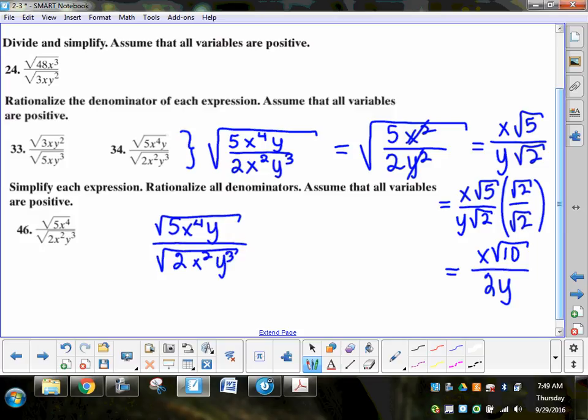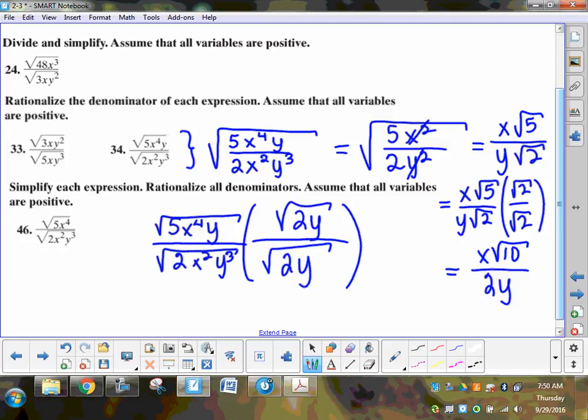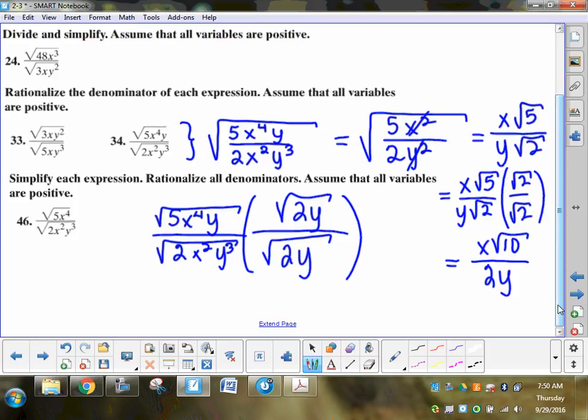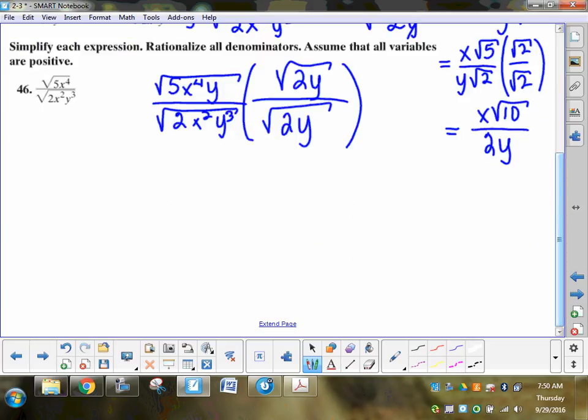What do I need to multiply this by? You could do it all at once. You could multiply by, what did you say? Root 2y, right? And now what are you left with down in the denominator? And what's in the numerator?